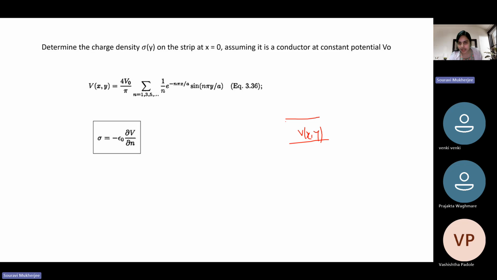And then you have some surface here, consider it to be some infinite strip, which is at a constant potential V naught. You want to find the surface charge here, sigma. So I know the potential here, and I know this surface is at a constant potential. We want to find the charge density.